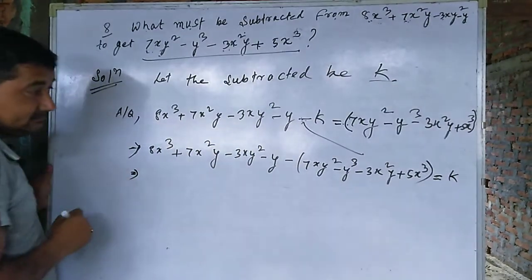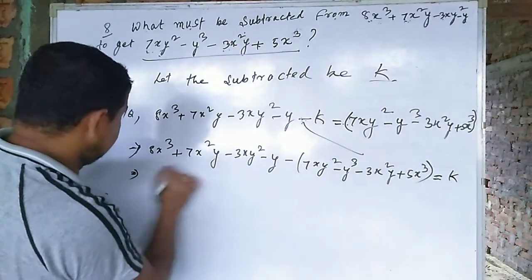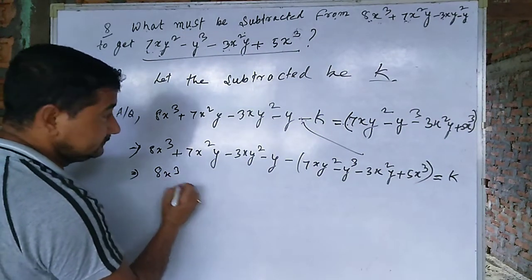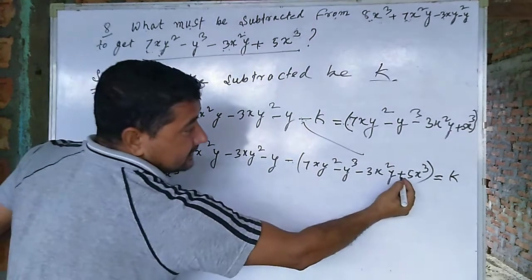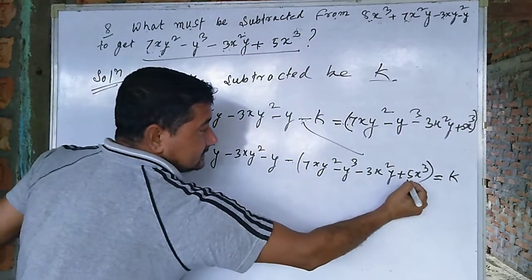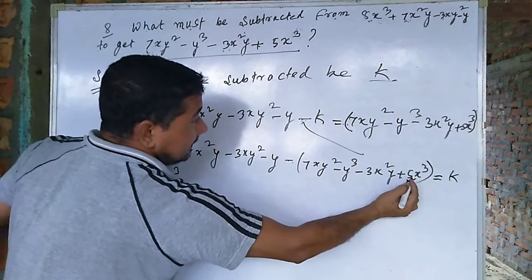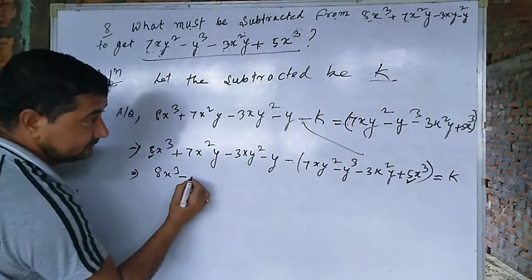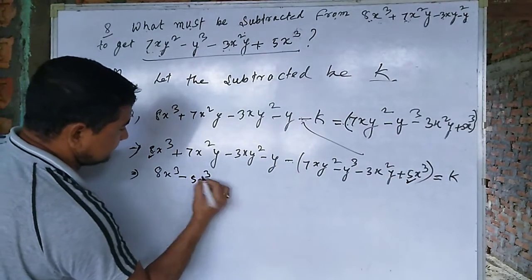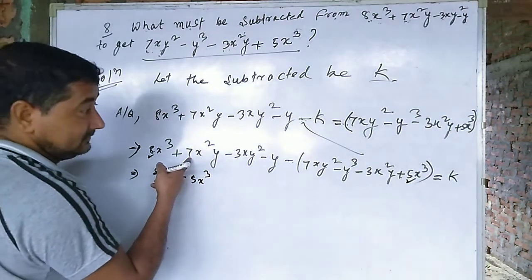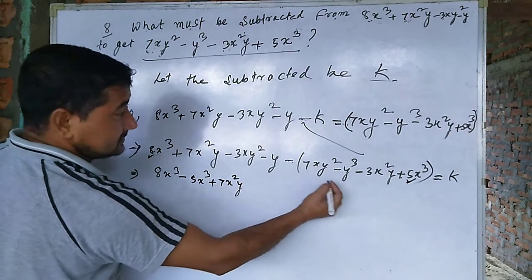First you arrange the like terms; before that you remove the bracket. First remove the bracket: 8x cube and x cube term. Like term is 8x cube with 5x cube, together, here minus, there plus, it will be minus 5x cube. And 7x square y plus 7x square y, this is like term with this one, x square y.